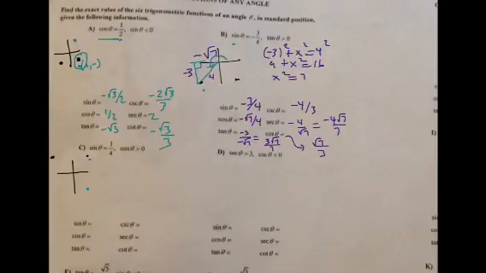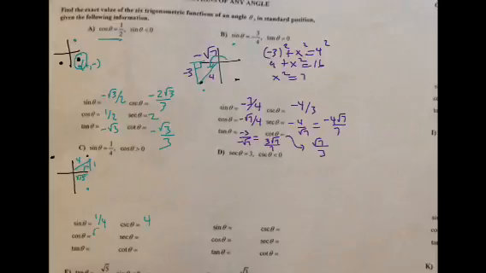So for C, you want the angle to be in quadrant 1 because both sine and cosine are positive, and that's where the two dots are. Sine is y over r, so 1 over 4 right there. 16 minus 1 is 15, so that would be square root of 15, Pythagorean theorem. They gave you sine is 1/4, so this one's 4.